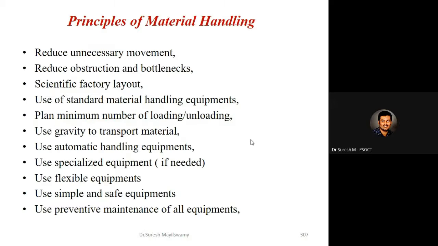Considering the material handling system, these are the principles: reduce unnecessary movement, reduce obstructions and bottlenecks, scientific factory layout, use of standard material handling equipment, plan a minimum number of loading and unloading systems, and use gravity to transport material rather than power. If that is not possible, we can use a power system.